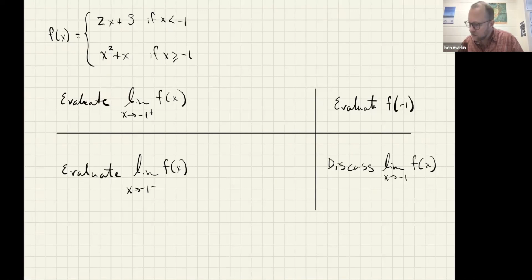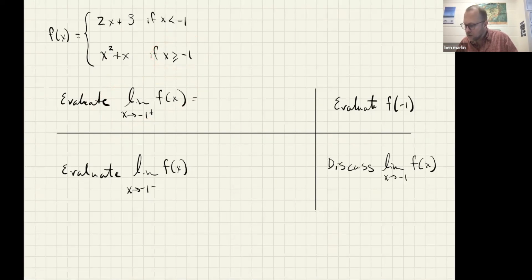So here on this one, when I'm taking this limit and x is going to -1 from the right, that means that I have x values that are greater than -1.